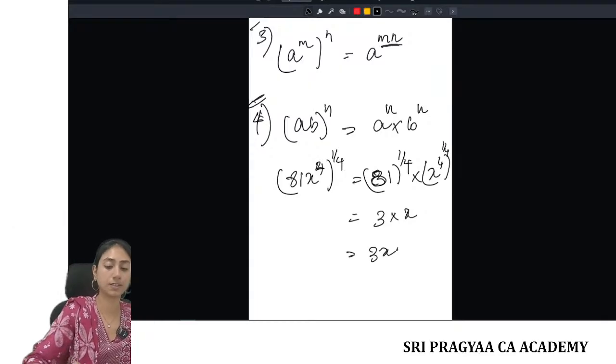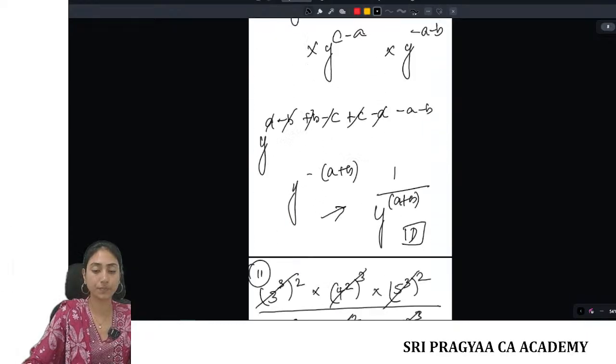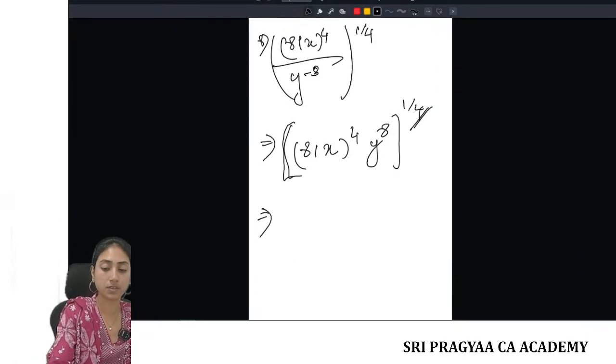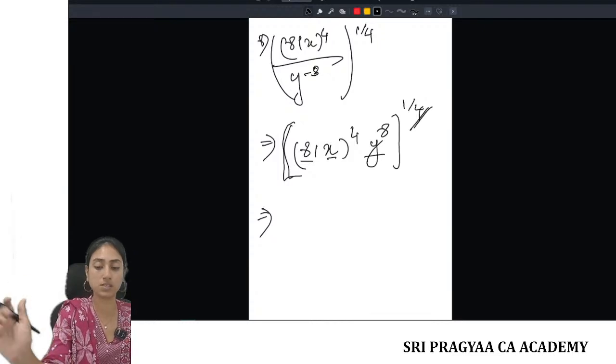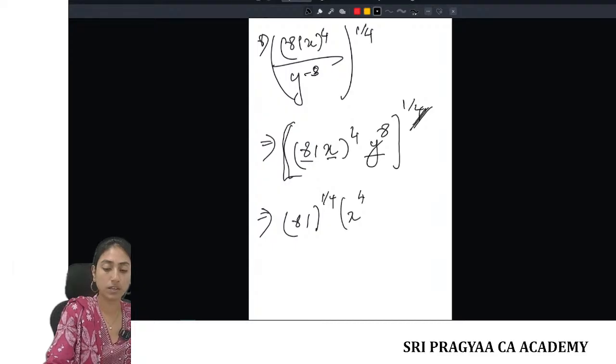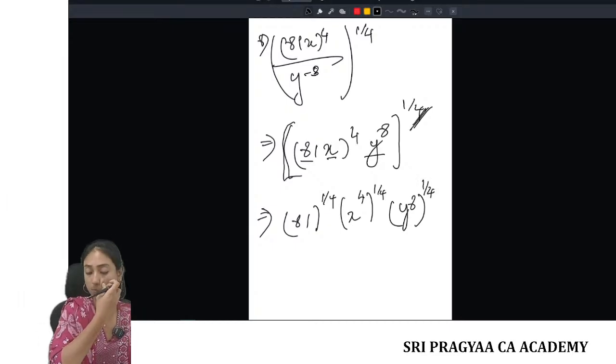The bases are different, so our fourth rule. So whenever you have different bases, here all your 81, x and y, you have 3 variables here. I mean 1 constant and 2 variables. So in this case, you could apply the fourth rule, 81 or 1 by 4, x power 4 into 1 by 4, y power 8, the whole raised by 1 by 4.